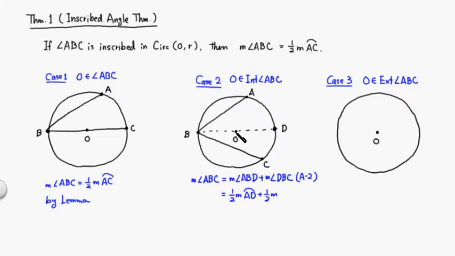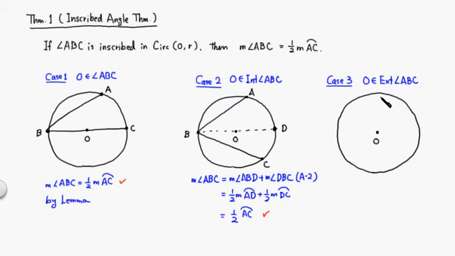Again, DB goes through the center, so it's the measure of the arc DC. Right? But combine those guys together, it's a 1/2. Measure of AD plus measure of DC is obviously measure of AC. Right? So that checks out. So this is good and that's good.